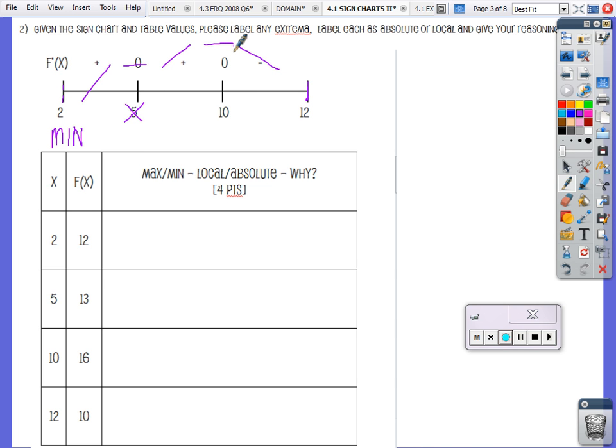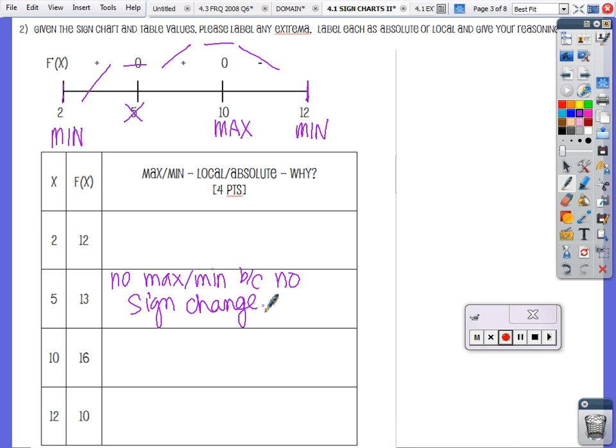And then here, we must have a max because after that we came down, and this must be a min because we're not going any lower than that. So we have that at 5, no max or min because no sign change. That's my reason of why there's nothing there.